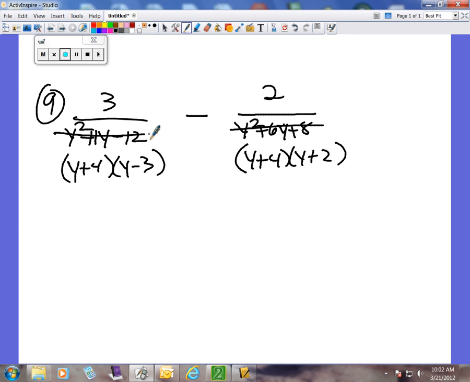Change this to add the opposite, because you're going to need to distribute that negative. All right, what's missing in the first one? Denominators. Yeah, we have a y plus 2 over there that's not here. That's right. And over here, we're missing the y minus 3.